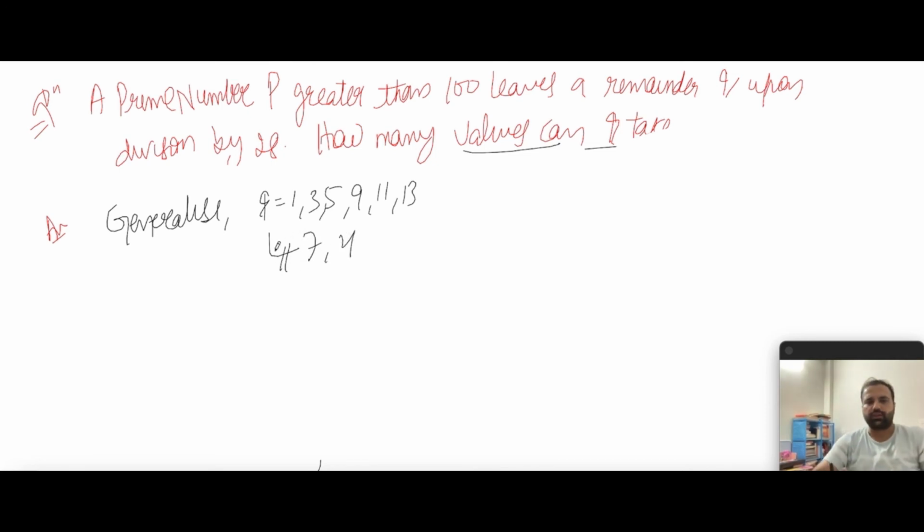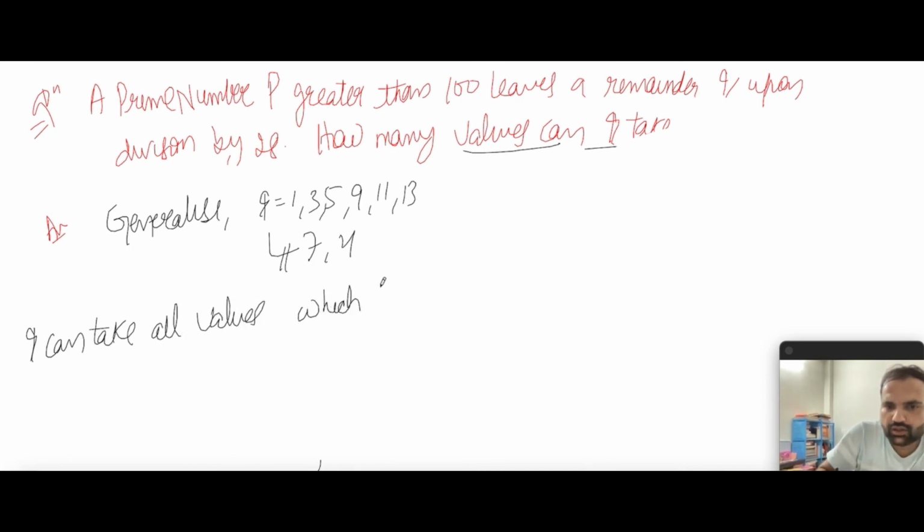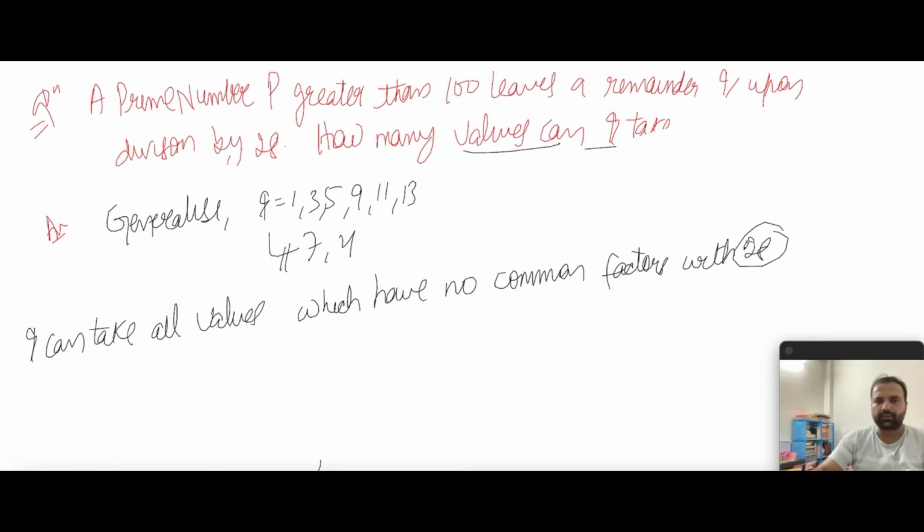So what we can generalize is that q can take all values which have no common factor with 28, isn't it? 7 it has, so it's not taking. 21 it's not taking.